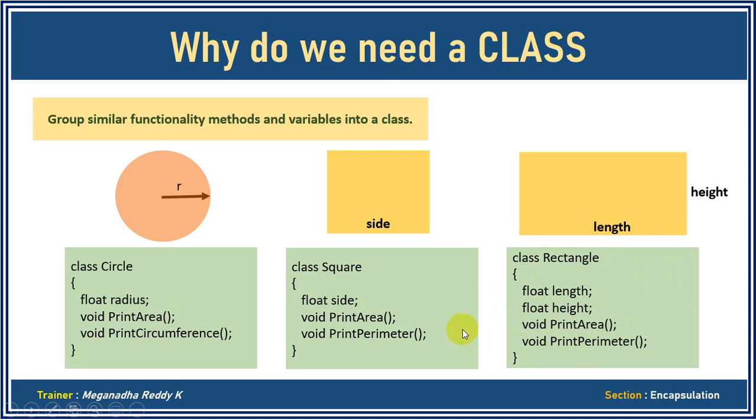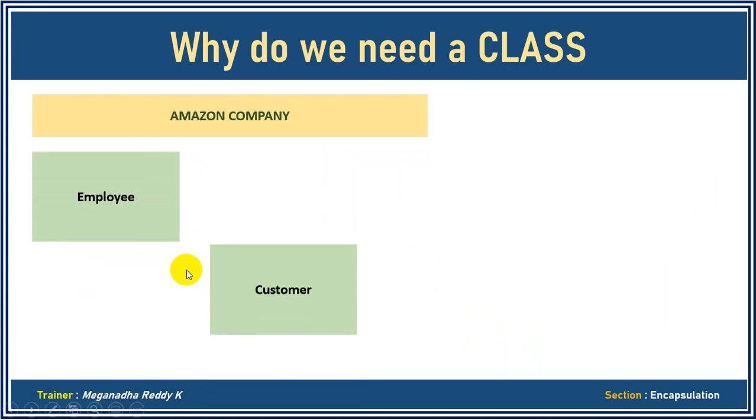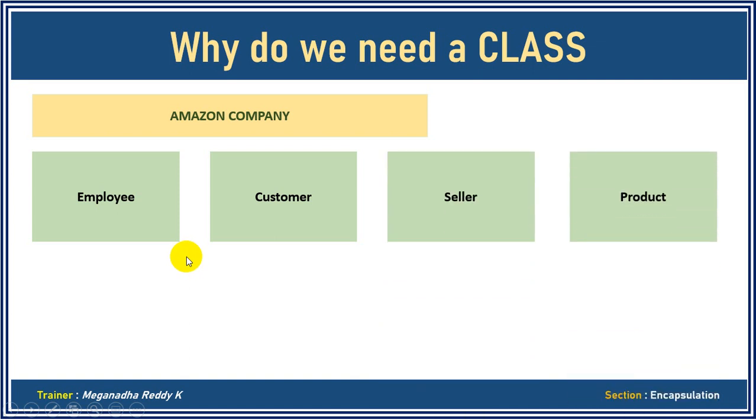Now let's talk about a real world example. Let's take a company called Amazon. Amazon will have a lot of entities that we discussed in the previous module. It can be employee, customer, seller, product, or orders. So employee class will deal with all data like employee name, salary, everything.